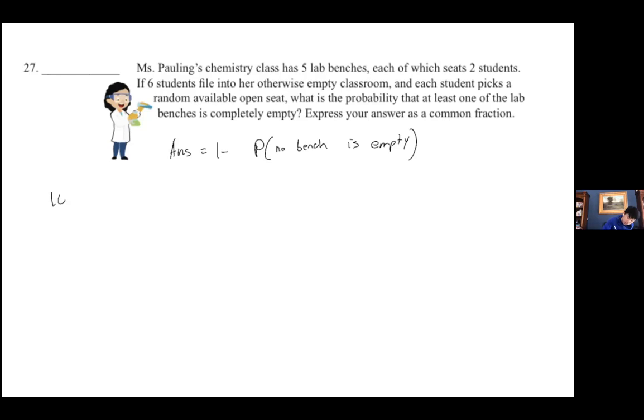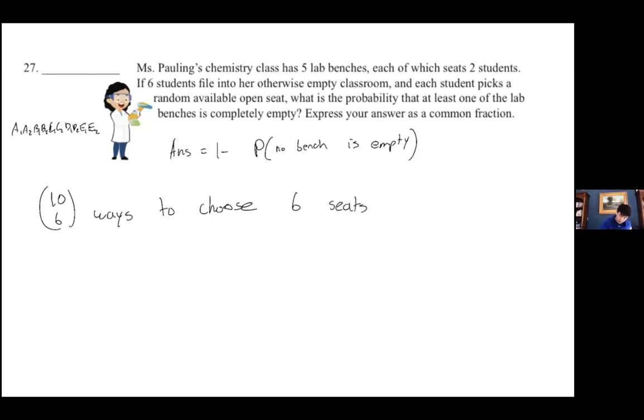So there will be 10 choose 6 ways to choose. We can label the lab benches like A1, A2, B1, B2, C1, C2, D1, D2, and E1, E2. So we're going to make the individual seats in the lab benches distinguishable, and the students are indistinguishable. So that means that we have 10 choose 6 ways to choose 6 seats.